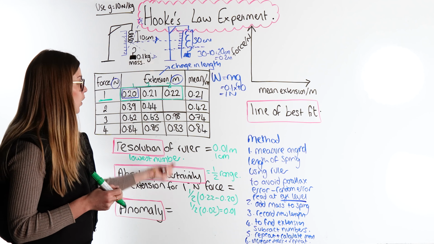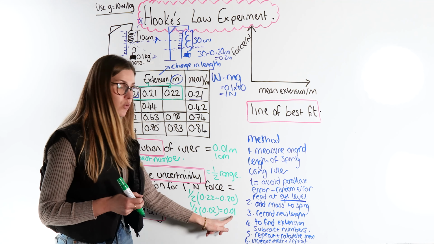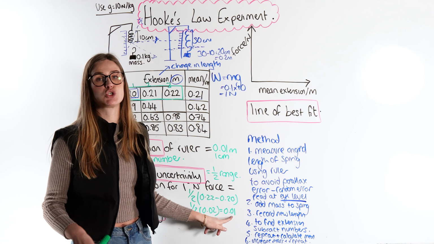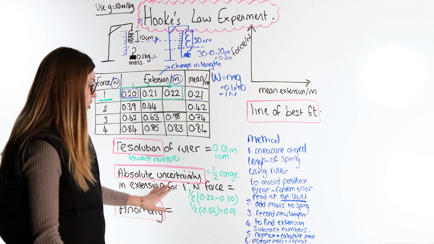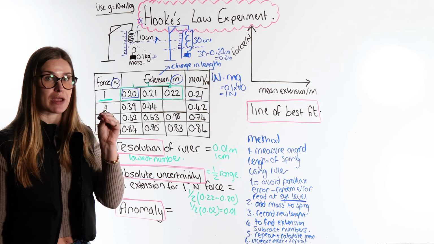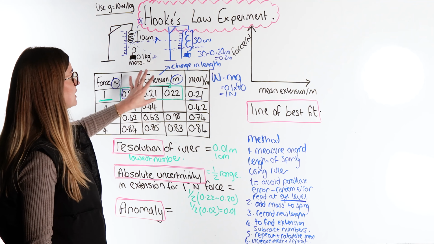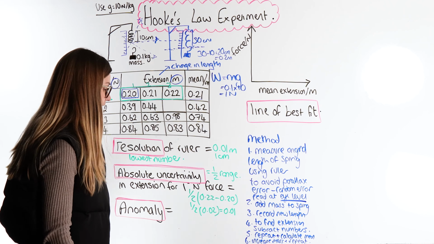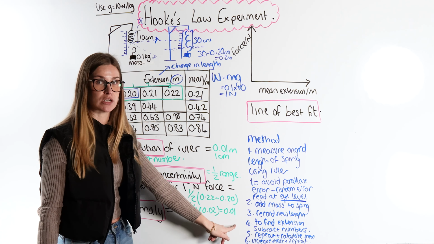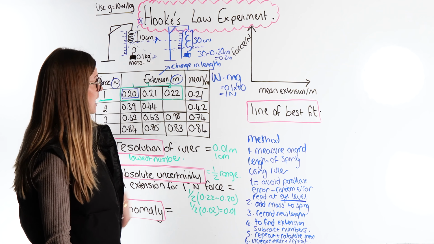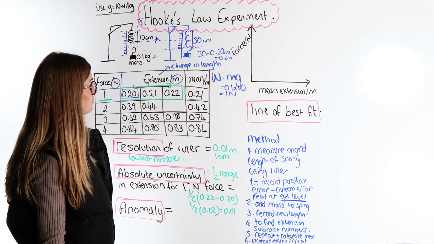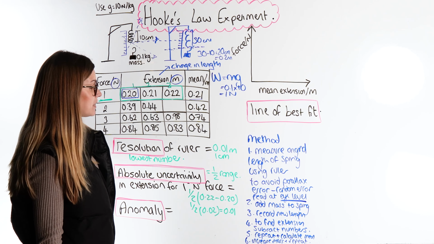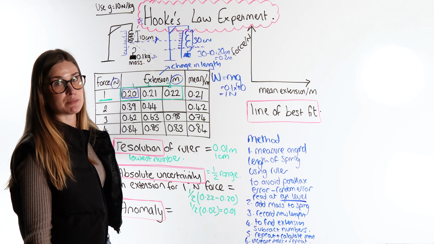So what that means is all of my values are either 0.01 too high or maybe 0.01 too low, okay? So I would call that our absolute uncertainty. It means how sure are we about our experiment? How sure that I actually recorded this to be 20 centimeters. And what we're saying is the uncertainty is 0.01. So it might have been 0.2 meters, or it might have been 0.21 meters, or it might have been 0.19 meters.